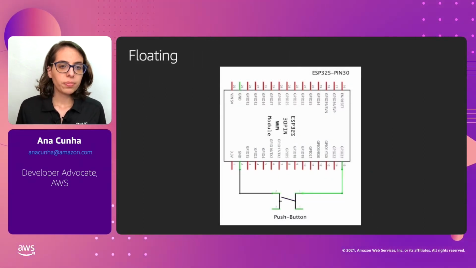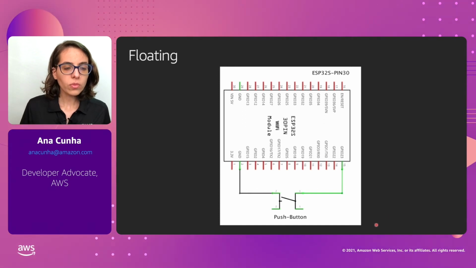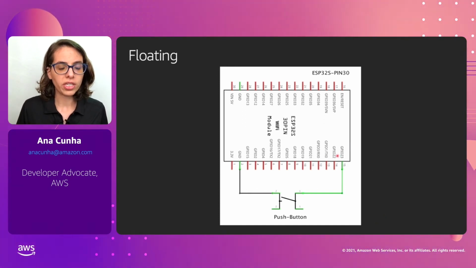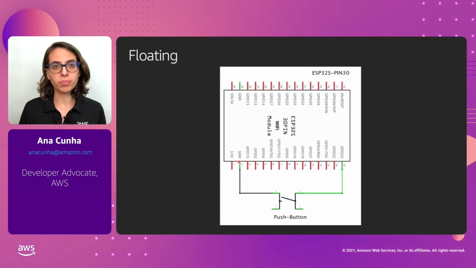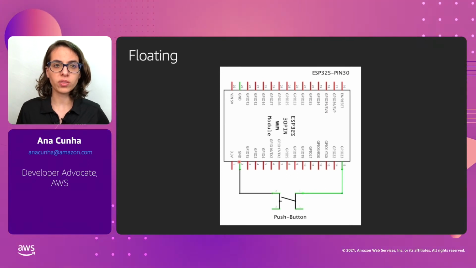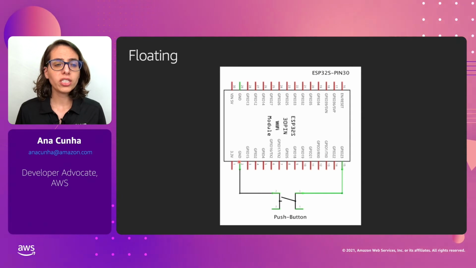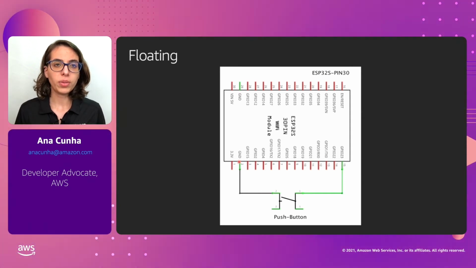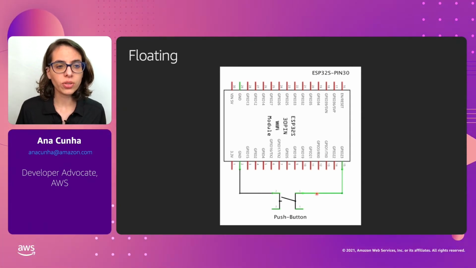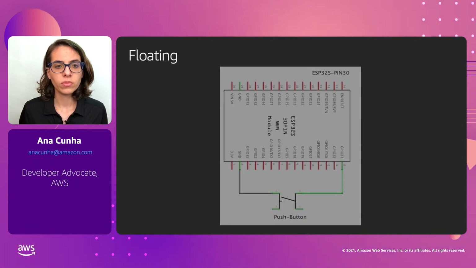So when we are pressing the button, we are connecting pin 23 to ground. In this case, we expect the pin state to be low. And this is happening as expected. Once I press the button, we would get the button down message. But when we are not pressing the push button, pin 23 is not actually connected to anything.